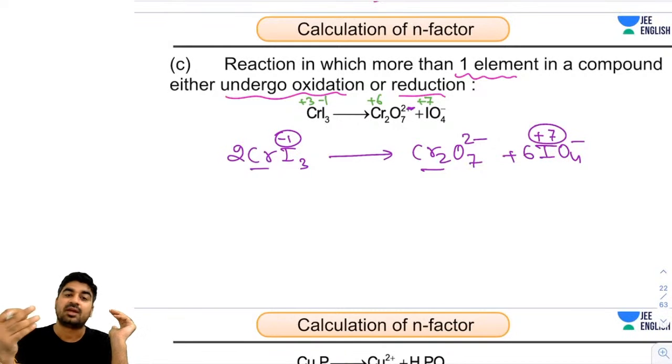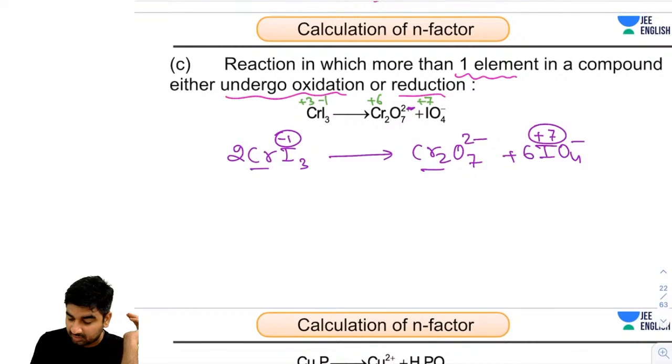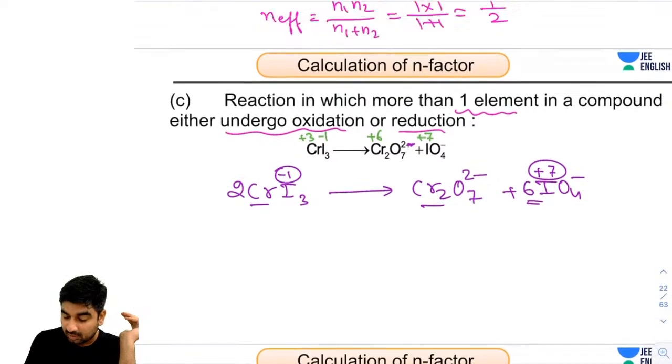For chromium and iodine. So there are 6 iodine, so I have written down 6. So how much is changing? For iodine, you will write -1. So 6 will have -6, plus 7 into 6 will have plus 42. So it would be 48.